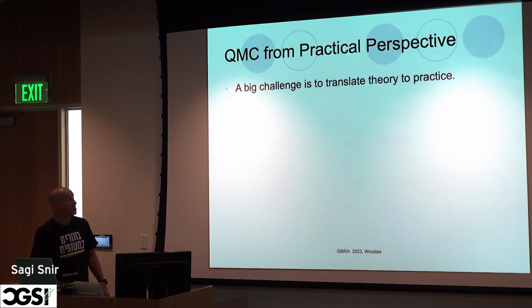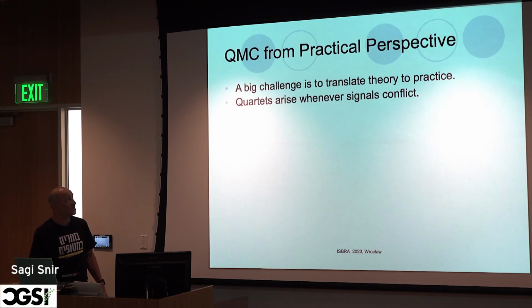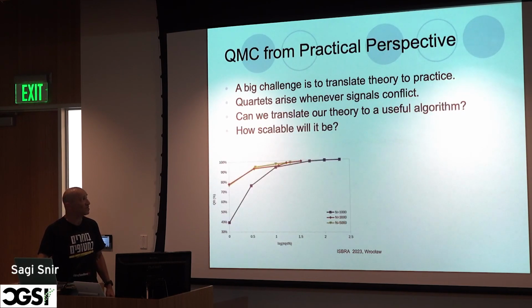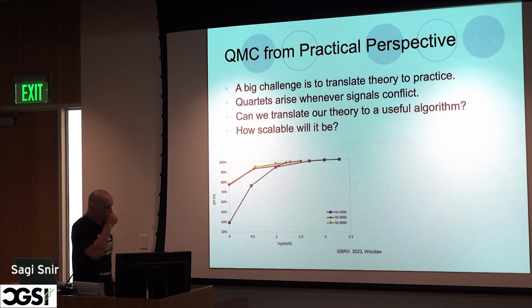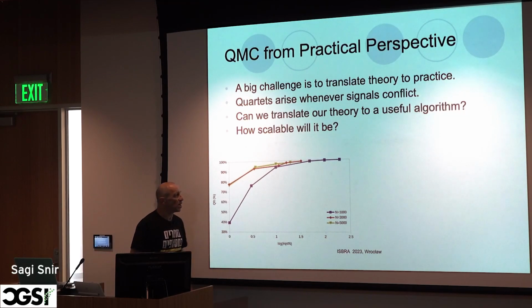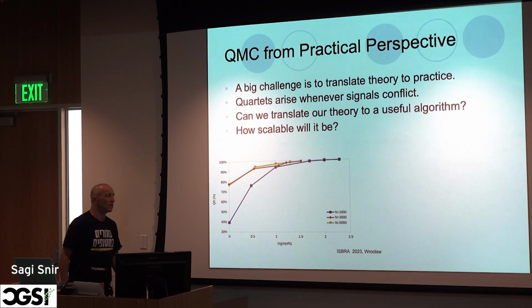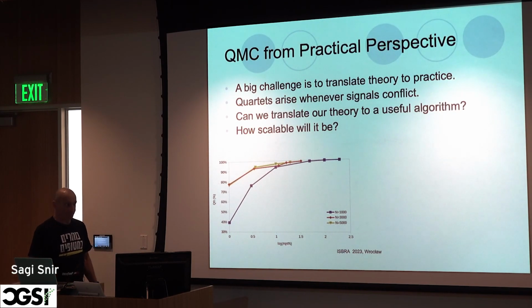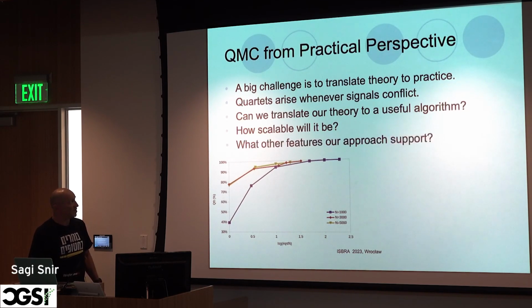So the big challenge is to translate theory to practice, and quartets arise whenever signals conflict. We'll get to it. Can we translate the theory to some useful algorithms? And this is ongoing work by a student of mine that is 9 months now in reserve duty. So the work is stuck.